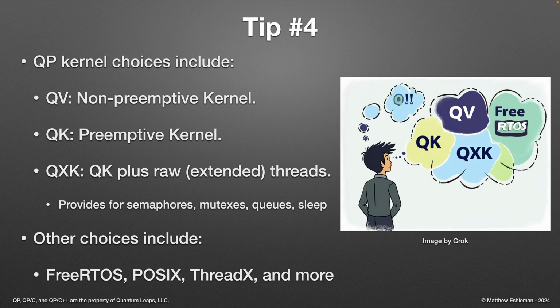Beyond that, on another project, for instance, a semiconductor company provided a library for a complex piece of hardware that we needed to use. It had a porting layer, and when we looked at it, all it needed was a semaphore and some sleep. So it was very easy, and we ported it to QXK.